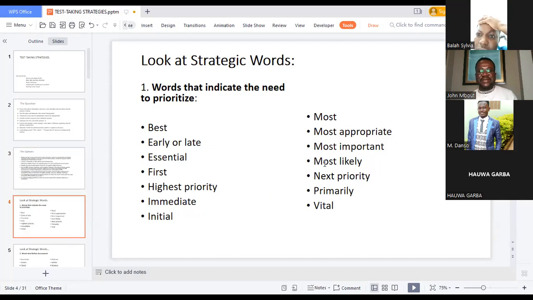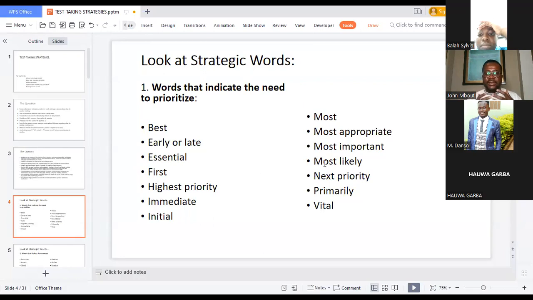Now, when you see words like best, early, essential, these are words that should come to your mind. That means this question wants me to prioritize. And remember, when the question is on prioritization, all options might be correct, but they want you to choose the best option, the priority option, the most vital option.